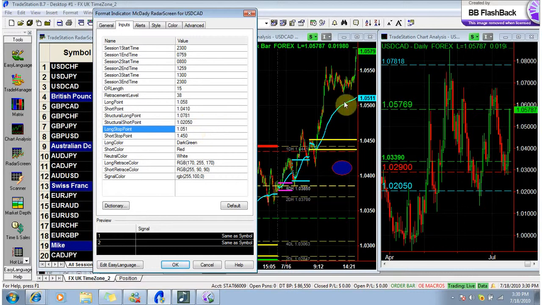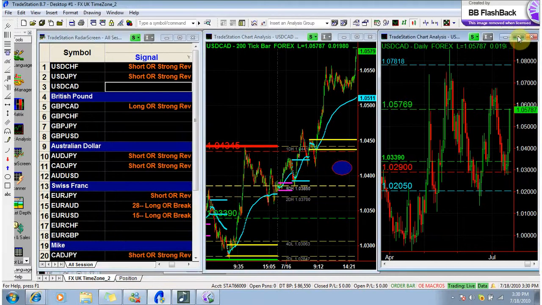I'm going to place my stop here below the market size. This is a structural point, I believe, the 105.70.